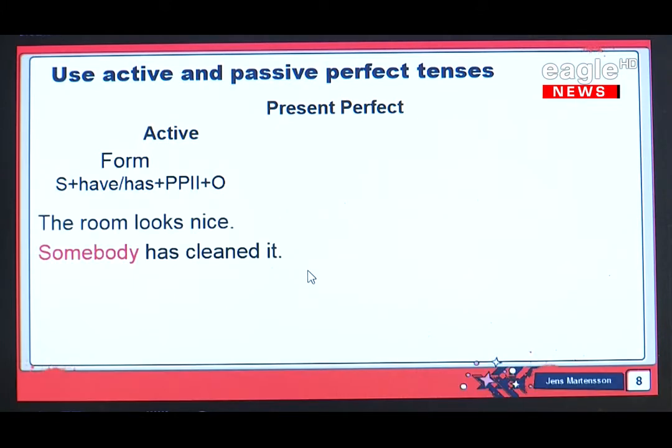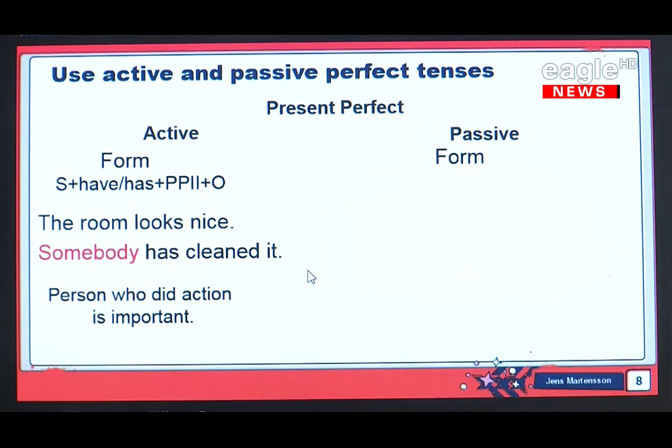Now let's see an example. The room looks nice. Somebody has cleaned it. Active voice means a person who did the action is important. Next, passive.